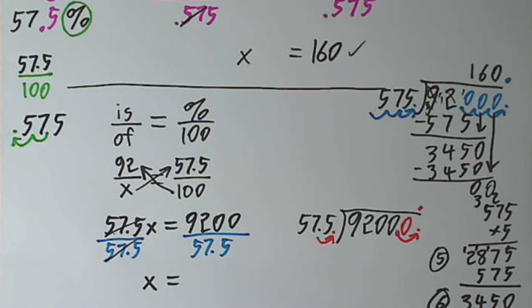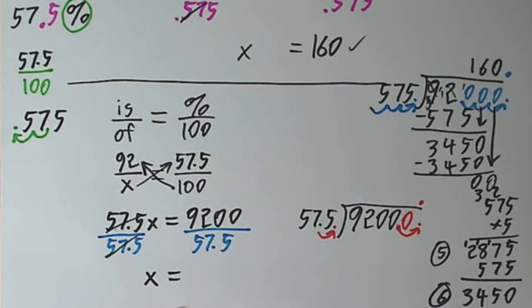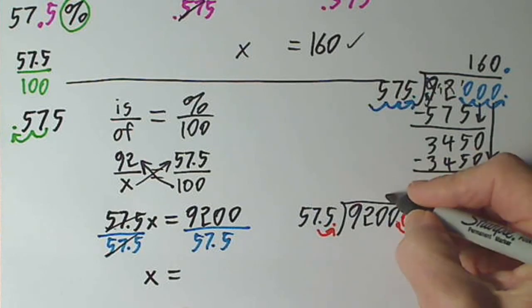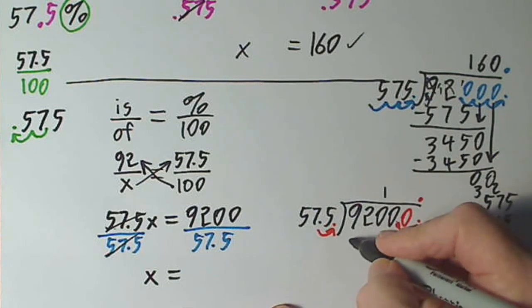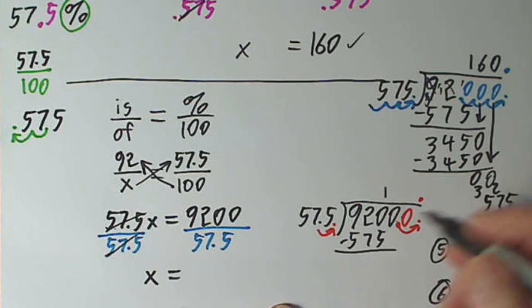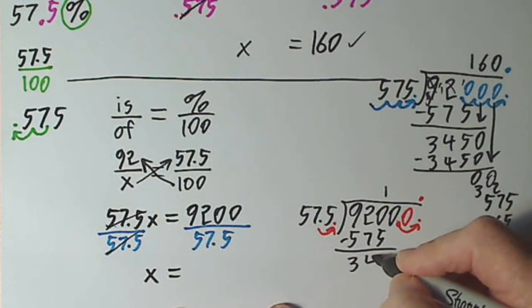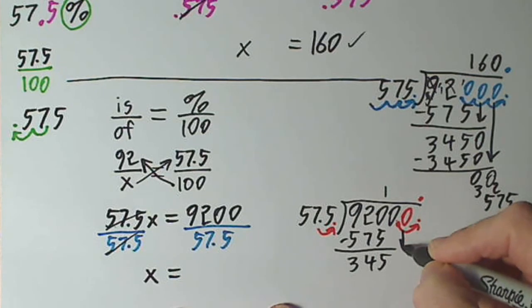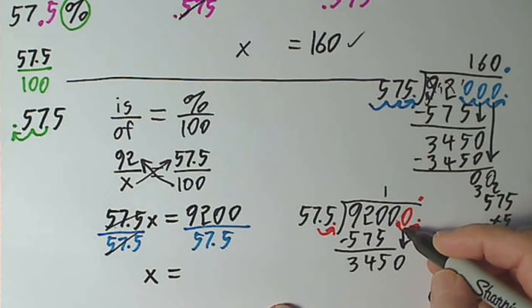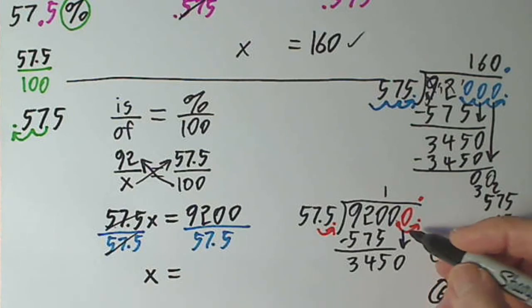And we've already done our calculations, so we'll move a little more quickly here. 575 goes into 920 one time. 575. We were left with 345. Bring down that 0. Oop, I brought down the wrong 0. You've got to be real careful with your places.